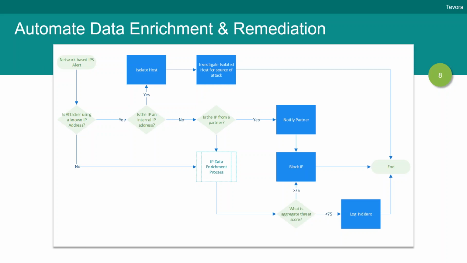So that's kind of what our data enrichment looks like, is basically getting to the point where we have a more detailed report. Instead of just saying, your basic IPS alert is going to look something to the effect of, this was the source IP, this was the destination IP, this was the source and destination ports, this was the attack that occurred. That's what your basic IPS alert is going to look like. Instead, we're looking here to get, this was our source IP, this is our destination IP, this is the username of the user that was logged into that system when that alert took place.